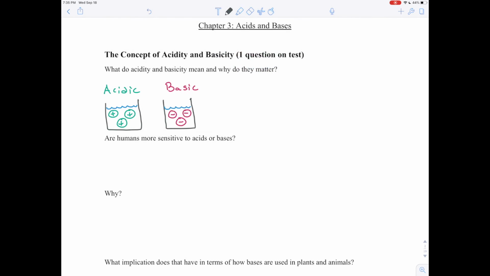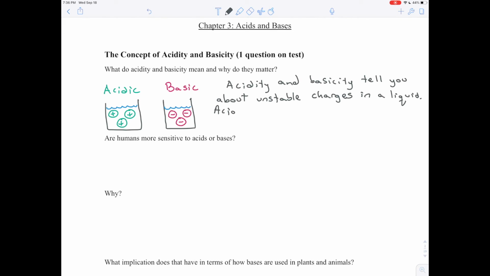In other words, acidity and basicity tell you about unstable charges in a liquid.